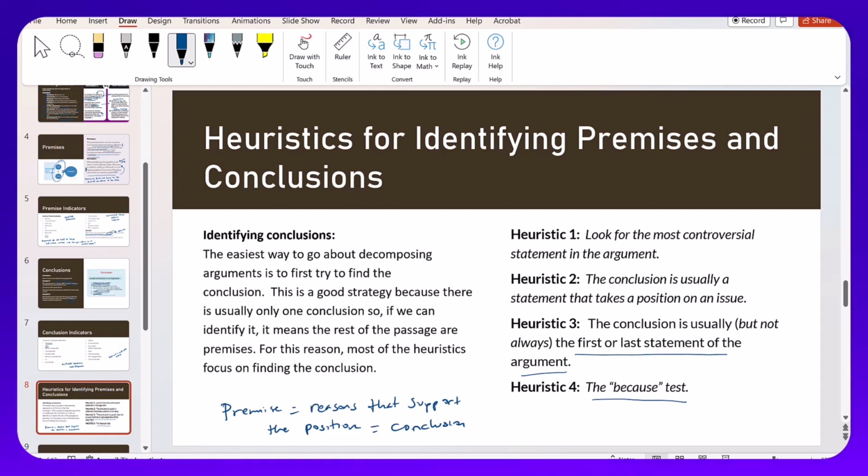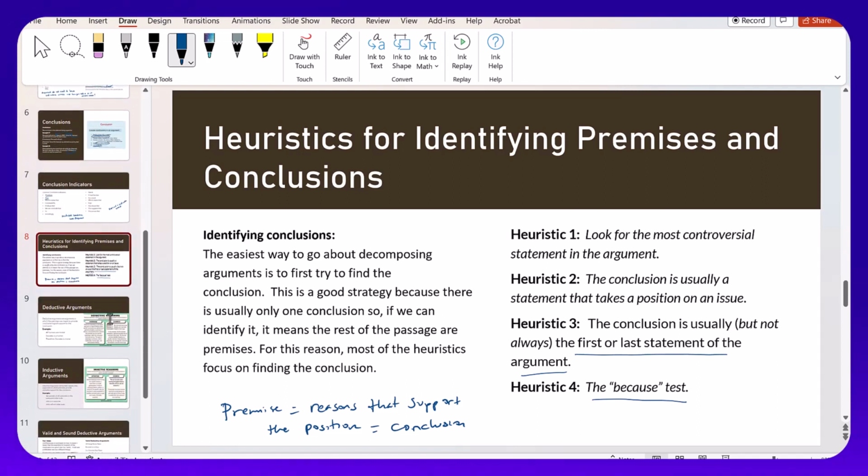When one sounds awkward and doesn't make sense, that should automatically make you think, wait, how would it cure cancer because it's a good idea to eat it, versus it's a good idea to eat it because it cures cancer, right? That can, again, not always, but can be super helpful in determining the conclusion.